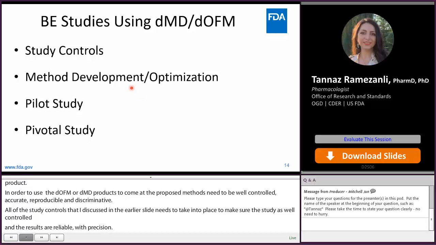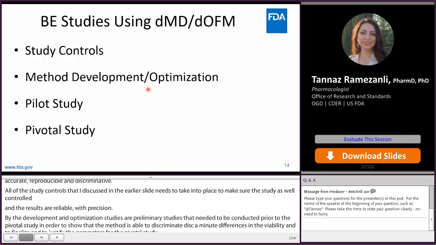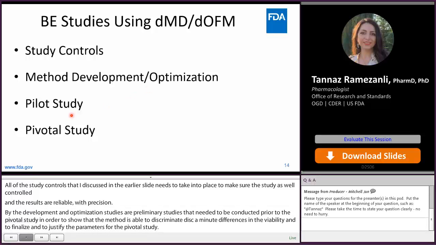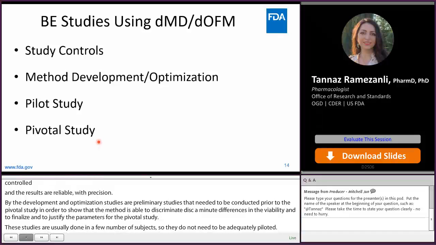These studies are usually done in a small number of subjects, so they don't need to be adequately powered. A pilot study can also be done prior to the pivotal study to compare the test and reference product. And the pivotal study is actually the bioequivalence study when you compare the bioequivalence of a test versus reference product and needs to be adequately powered.